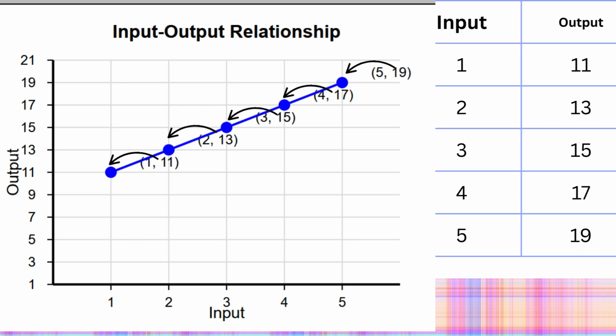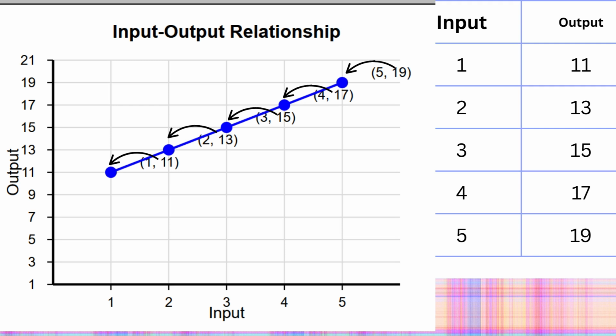To graph this data, we have to create a title for the graph. Label the x-axis as input, label the y-axis as output, and we plot the points 1 and 11, 2 and 13, 3 and 15, 4 and 17, and 5 and 19.